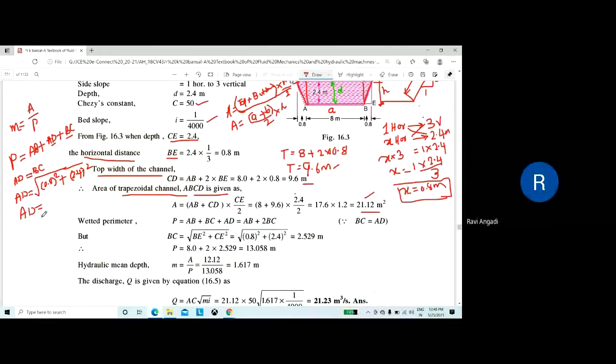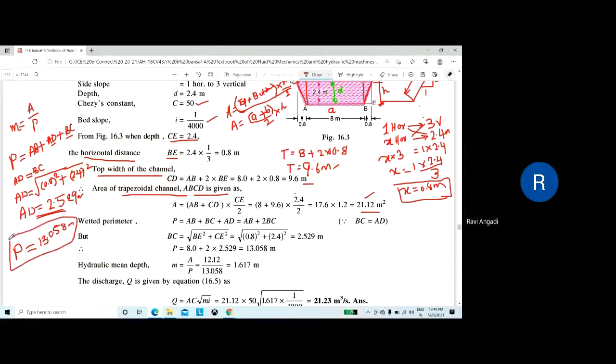How much is it? 2.529. Correct. Okay. So now tell me, what is the wetted perimeter? Answer. Sir, 13.058, sir. Correct. 13.058 meter. This is the wetted perimeter.